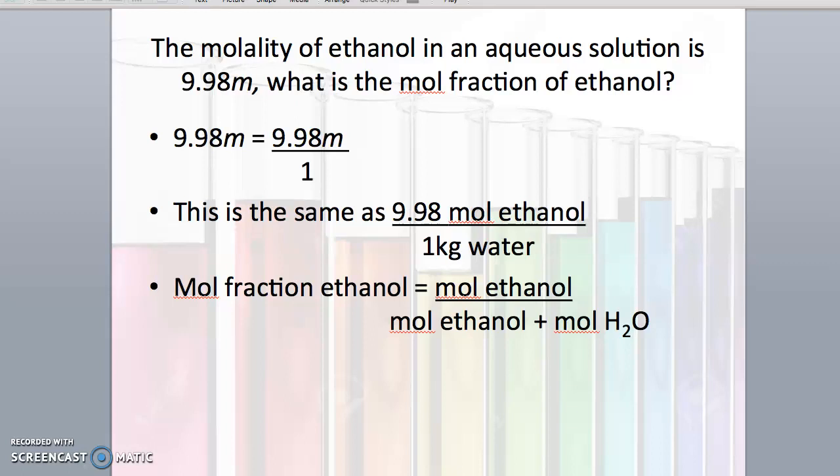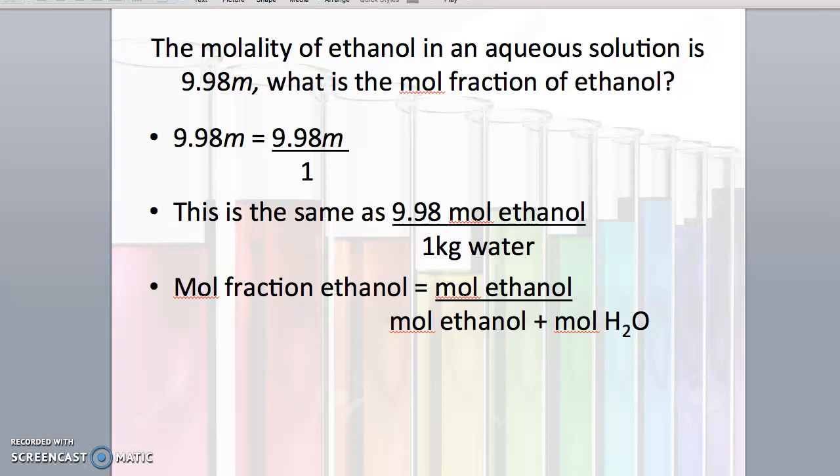So that would be 9.98 moles of ethanol over 1 kilogram of water. So it's the moles of the solute over kilograms of water. So again, now I've got moles of ethanol. I have a mass of water. What are they asking for? They're asking for mole fraction.